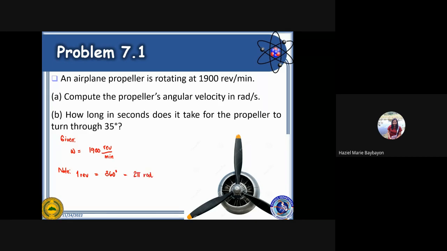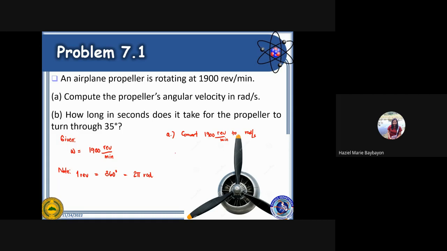So, let us then convert this to radians per second. So for letter A, we just have to convert 1,900 revolutions per minute to radians per second.